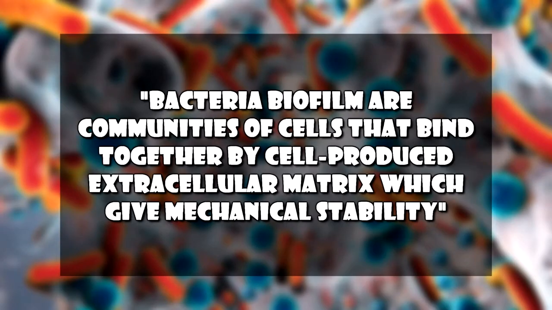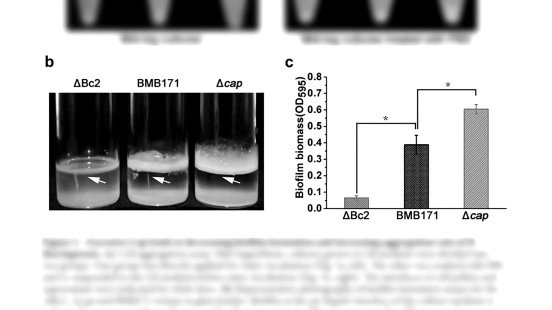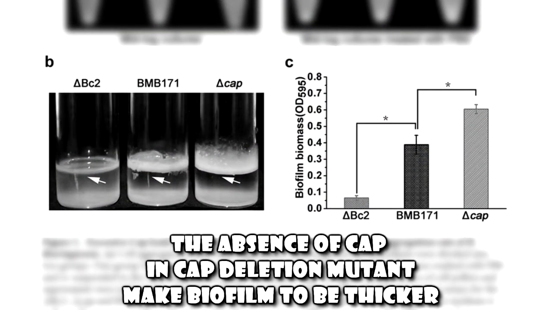Besides, biofilm formation in bacteria can decline as Cap is expressed excessively. Bacterial biofilms are communities of cells that bind together by a cell-produced extracellular matrix, which gives mechanical stability. The result found that the absence of Cap in the Cap deletion mutant makes the biofilm thicker.